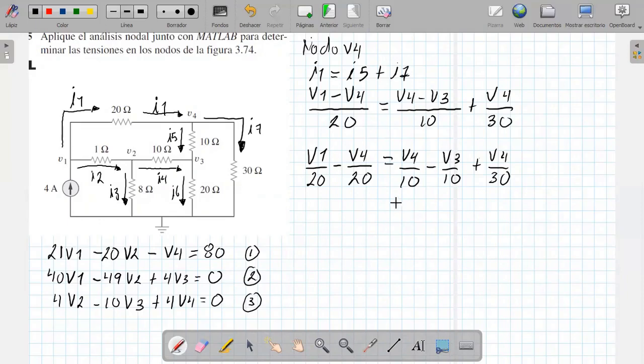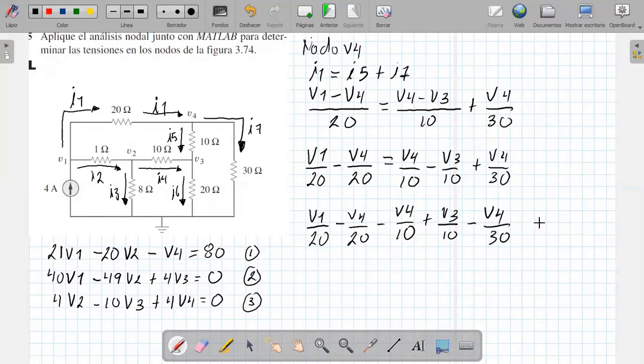I'm going to go to the other side. There will still be V1 over 20, minus V4 over 20, minus V4 over 10. Now I'm passing all of this to the other side, plus V3 over 10 minus V4 over 30 equals 0.